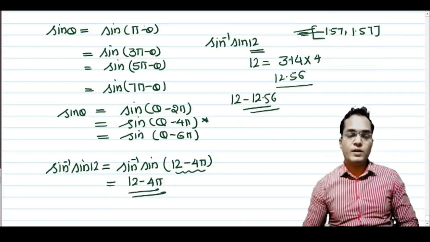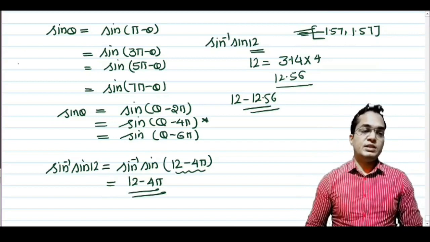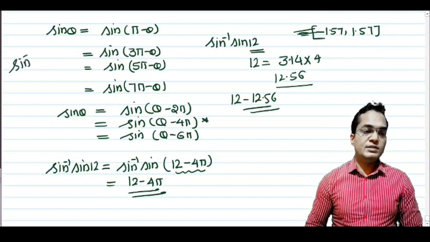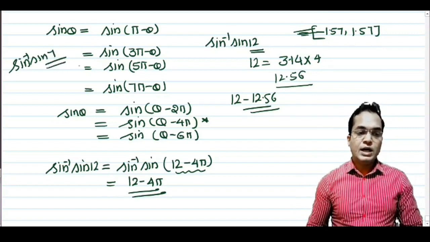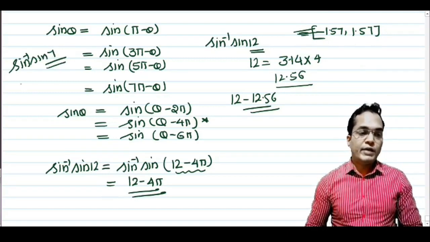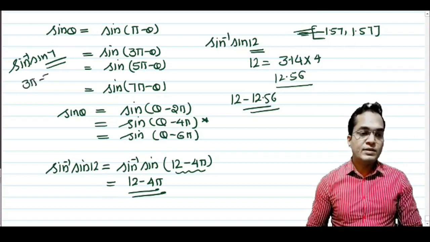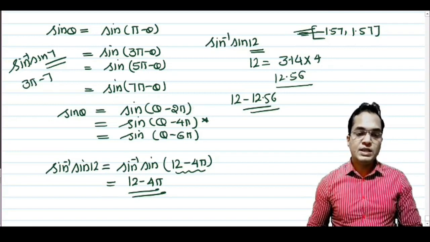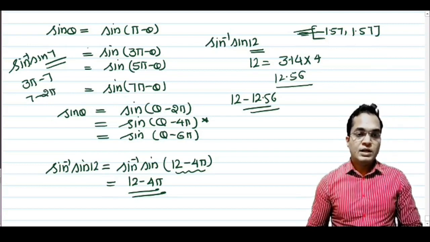Now if you recall, many questions like sine inverse sine 7, you only check how 7 can be written as 3 pi minus 7, or 7 minus 2 pi.